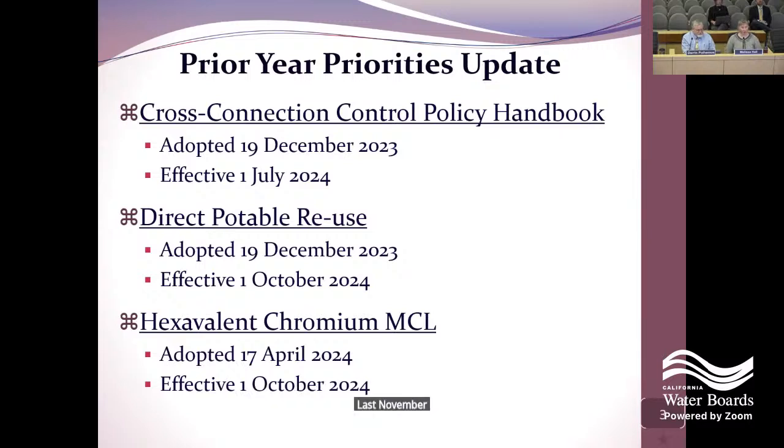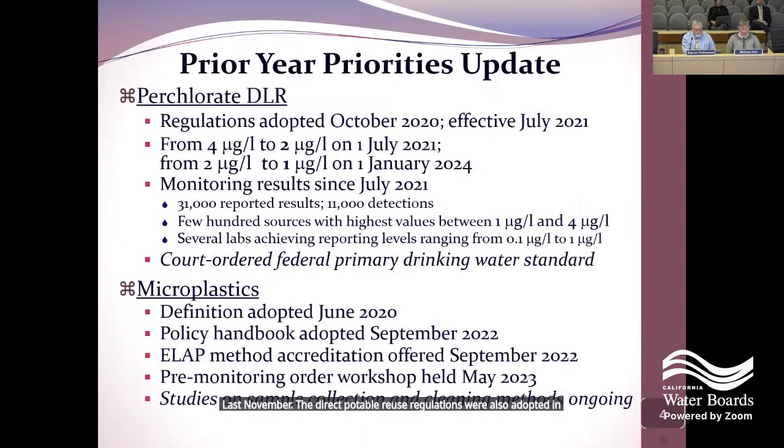The direct potable reuse regulations were also adopted in December 2023, and they met the statutory deadline and took effect on October 1st of last year. And then the hexavalent chromium maximum contaminant level, or MCL, regulation was adopted last April and also took effect October 1st of last year.